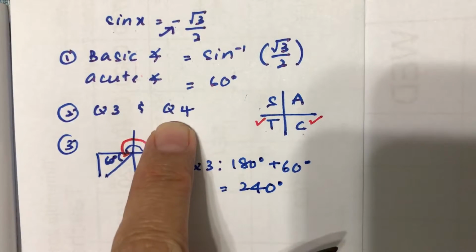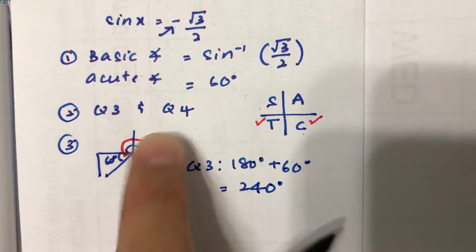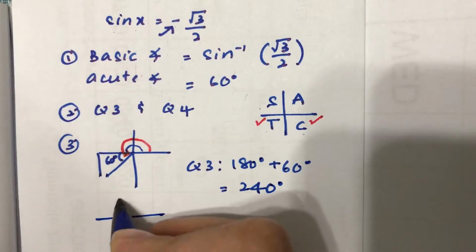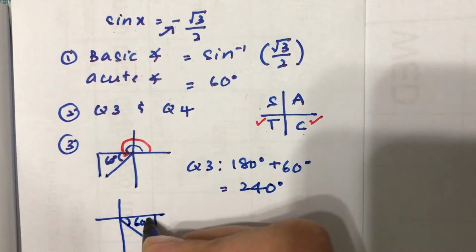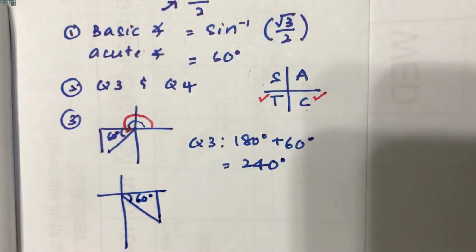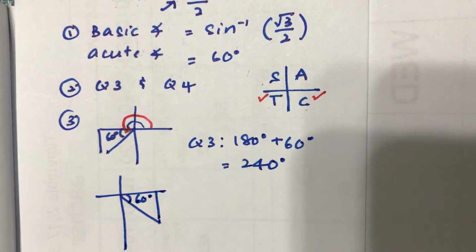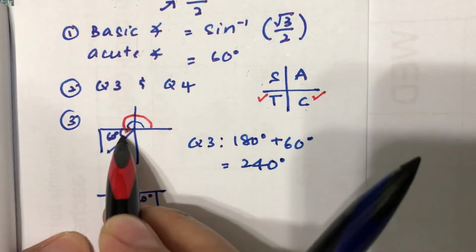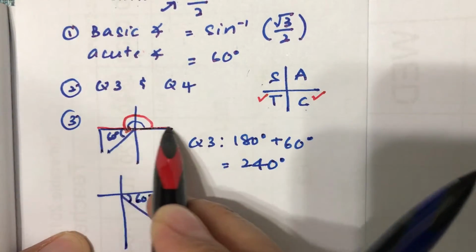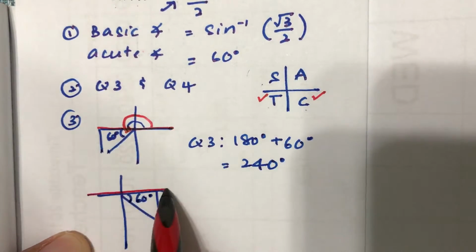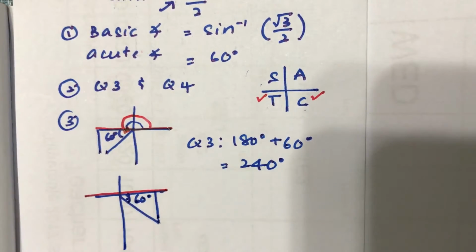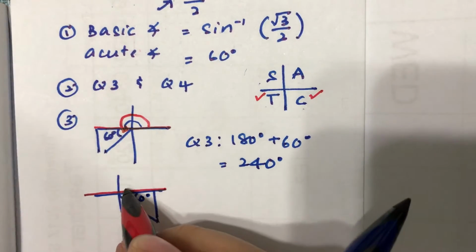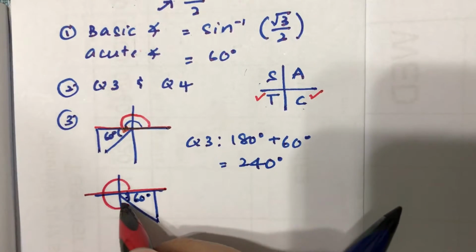Now we have another possible answer, which is in quadrant 4. So in quadrant 4, it will look like this. Okay, so this is 60. Sorry, my drawing is not very consistent. Now, may I just highlight as well that when you draw the basic angle, it's always with respect to the horizontal line. Okay, so this is my basic angle in quadrant 4. In other words, I'm going to look for the angle all the way around here.